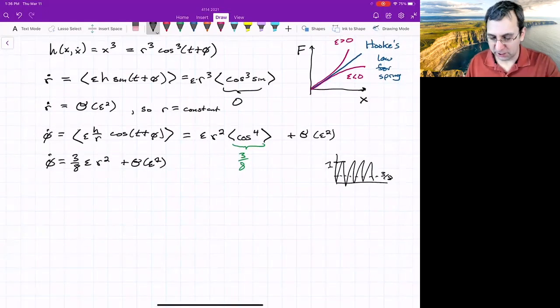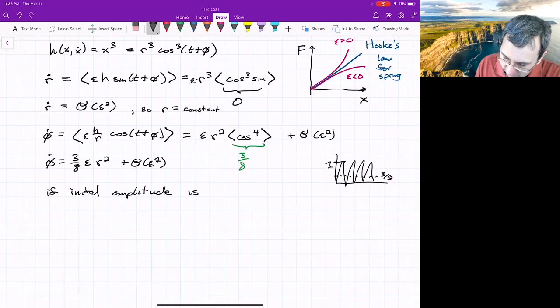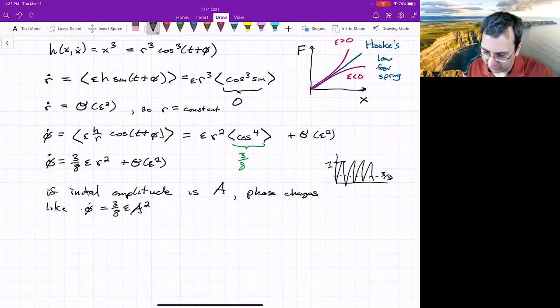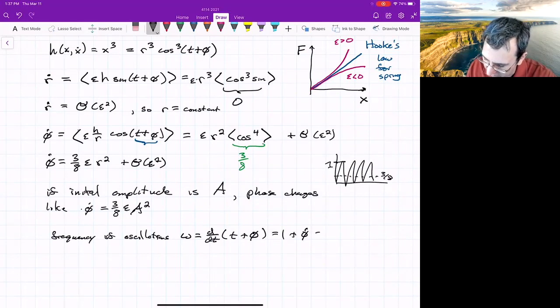If you think of starting with some amplitude, we'll call it capital A instead of R, then the phase changes like phi dot equals 3/8 epsilon a squared. And what's the frequency? The frequency of oscillations, omega, is the time derivative of the thing inside, d by dt of t plus phi. That's 1 plus phi dot, which in this case is 1 plus 3/8 epsilon a squared.